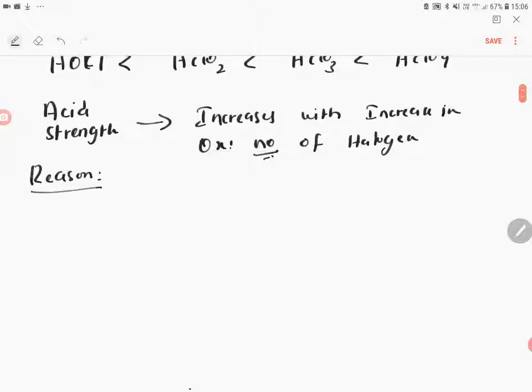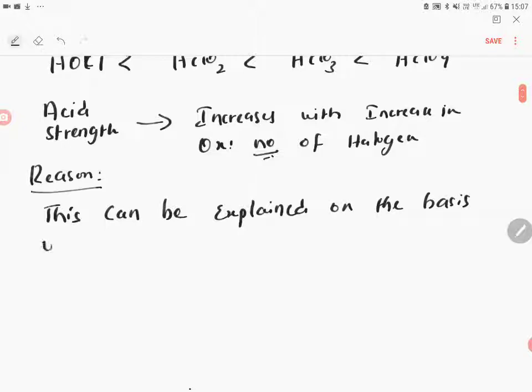The above increasing order can be explained on the basis of the relative stability of the anion.